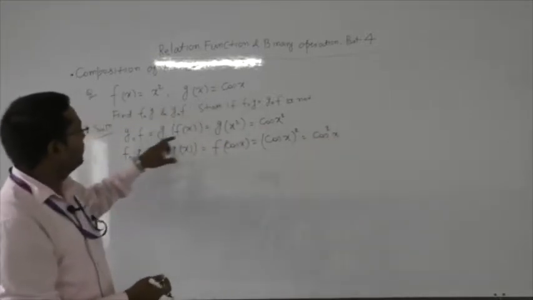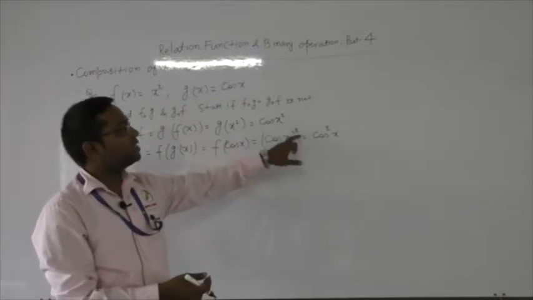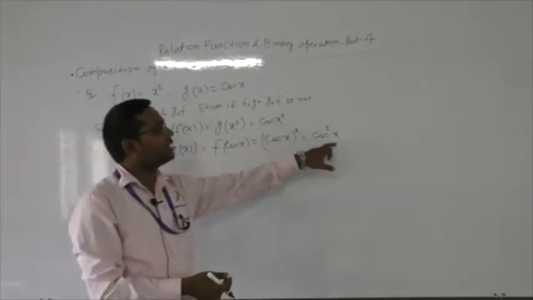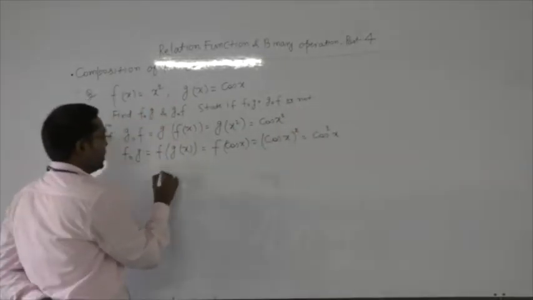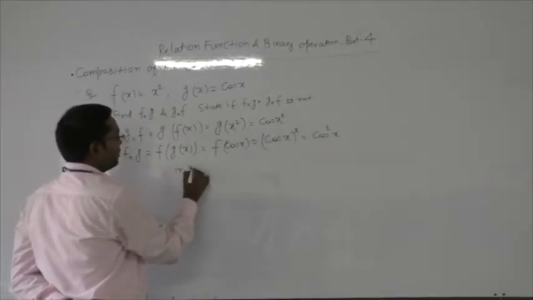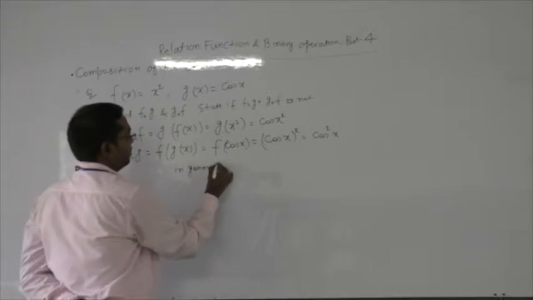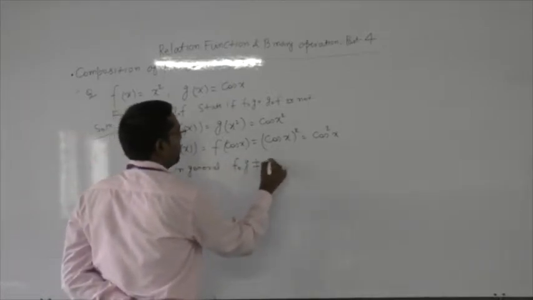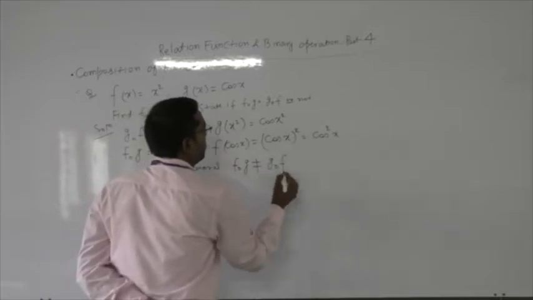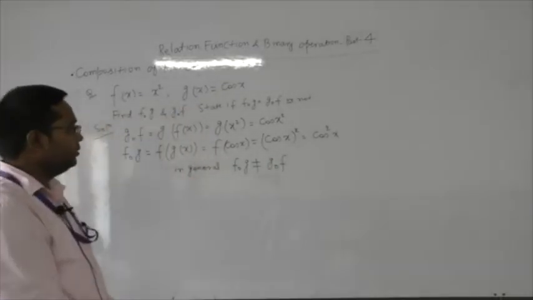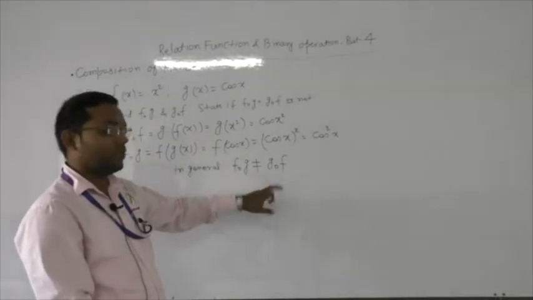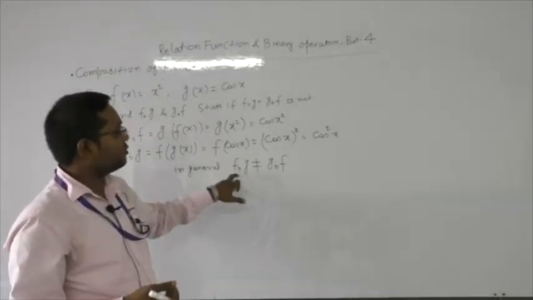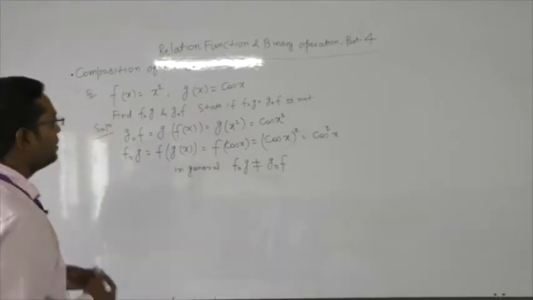If we compare g of f and f of g, obviously these two are not equal, because here it is x to the power 2 and here cos x to the power 2. So we can write in general f of g not equal to g of f. That is the thing. So in general f of g is not equal to g of f. It may be equal in a different case, but in general it won't be equal. Let's see the next question.